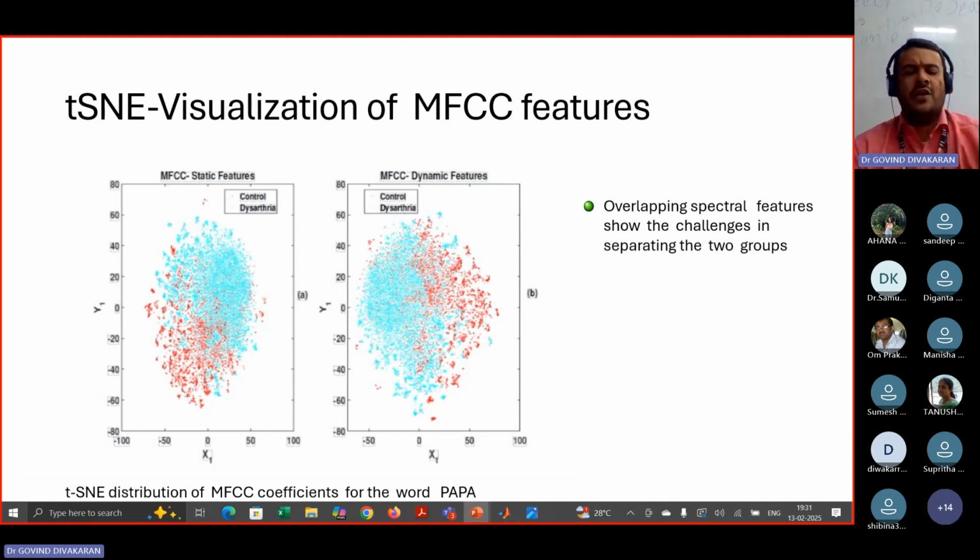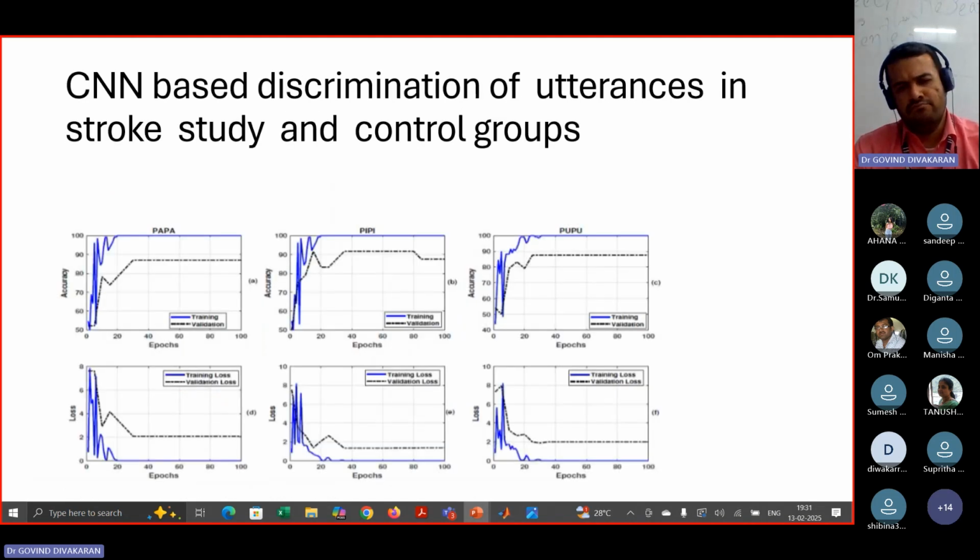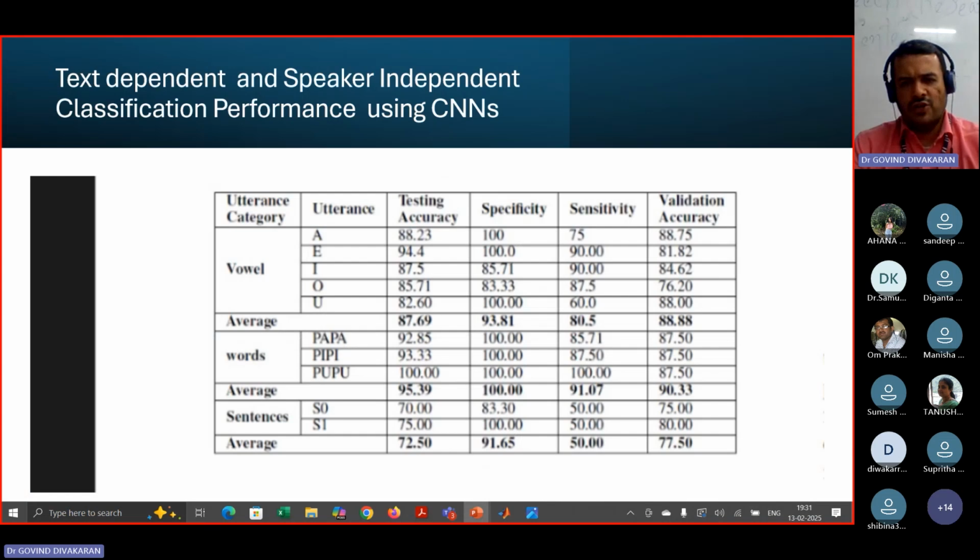Even though there are overlaps between the two categories, a basic CNN showed some better discrimination, especially for the words papa, pipi, poo poo, giving better discrimination with improved specificity, sensitivity, etc.